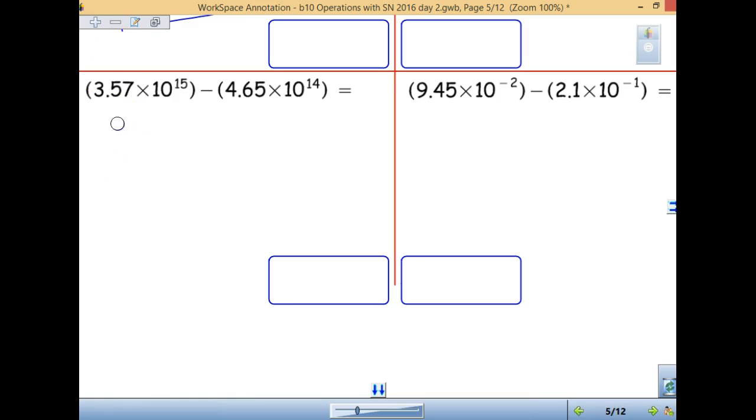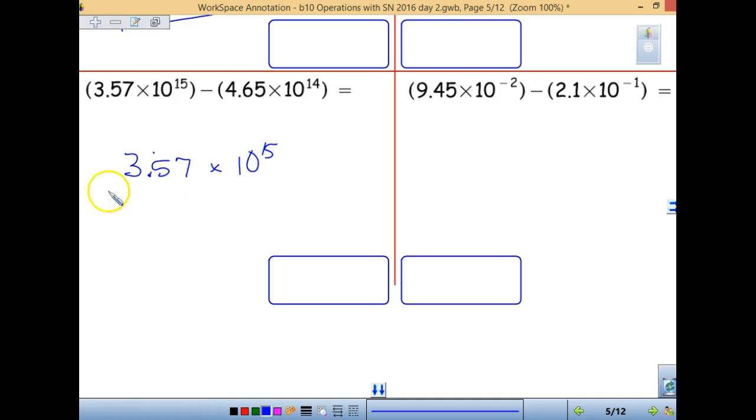So, I'm going to go with 3.57 times 10 to the 15. I am subtracting. I need this to be times 10 to the 15. So, this was telling me to move it 14 places. If I need to move it 15, this is now going to be 0.465.